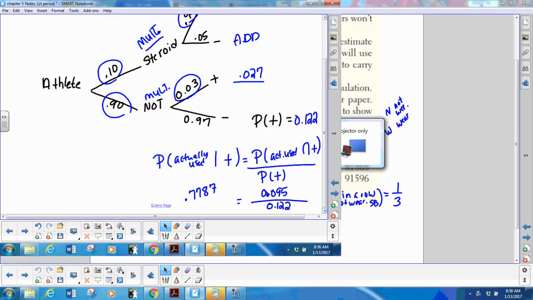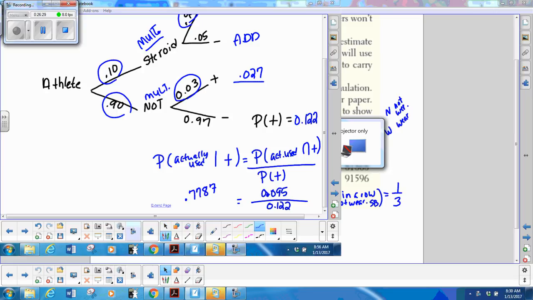I always struggle when we get to that point. I think that would actually be absolutely terrible. Yeah, a false positive, and you can't go to the Olympics.